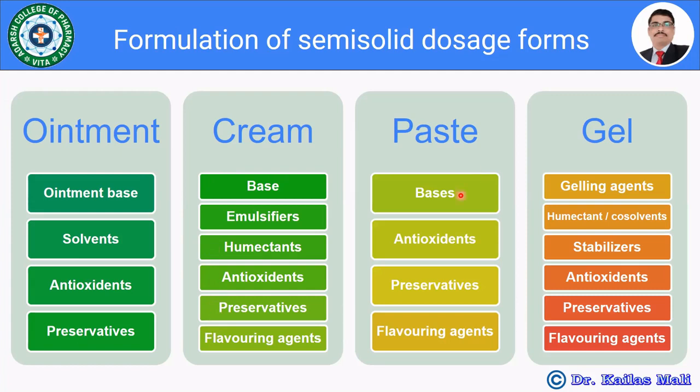Pastes: paste bases, antioxidants, preservatives, flavoring agent. Gels: a gelling agent, humectants, stabilizers, antioxidants, preservatives, and flavoring agent. So herewith we have finished the excipients used to prepare semi-solid dosage forms.